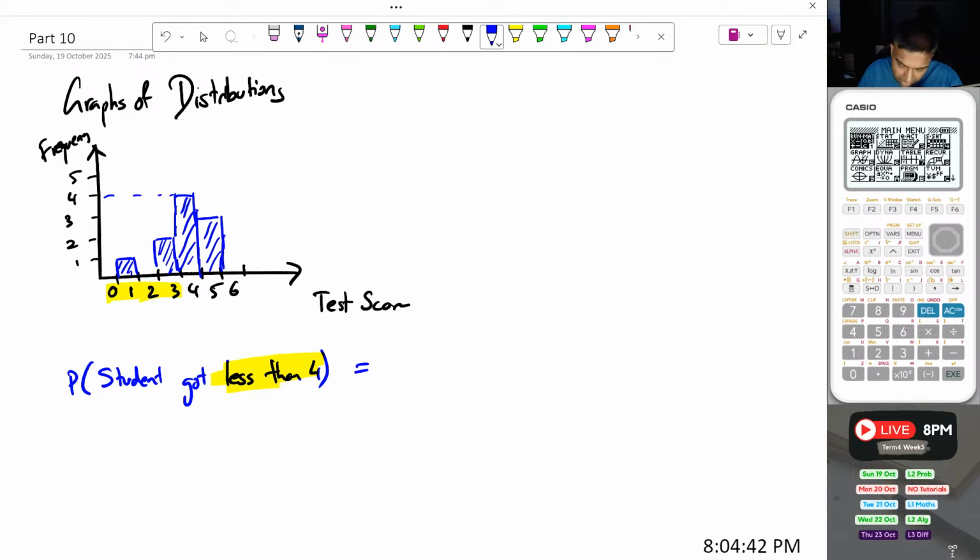Totally I've got 1 plus 2, which is 3, over 3 and 4, that's 7, and then 10. So this probability is 3 out of 10. The 10 comes from all of this red part, the frequencies added up.